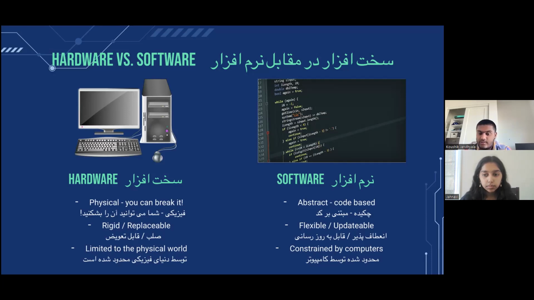With software, they can just fix it in what's known as a software update. Even though software is very flexible, it's constrained to the limits of a computer, which means that if I have software that needs a very powerful computer and I don't have one, I can't run it.